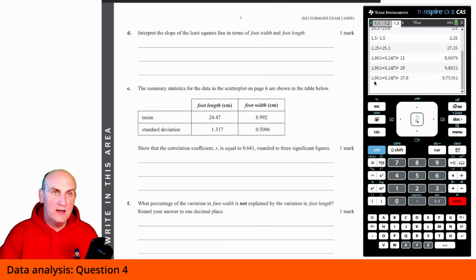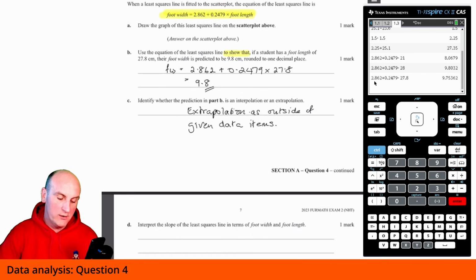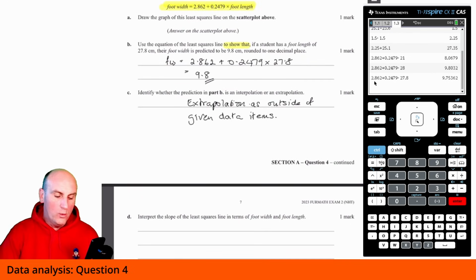Rightio, let's see. Interpret the slope of the least squares line in terms of foot width and foot length. Another very standard question. This type of thing should be in your summary book, 100%. So you're always talking about, in this situation, the wording: for every 1 unit increase going horizontally of your EV, there is a particular increase or decrease in your RV, right?